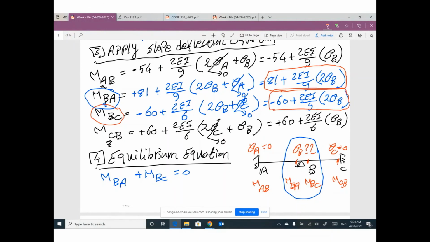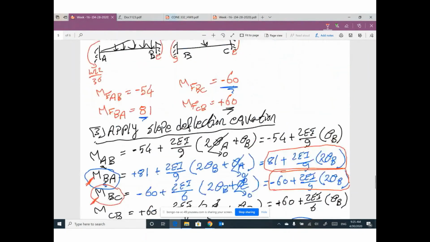Add them together, you can find that theta B is the only unknown, so I can figure out the value of theta B. Once you get the value of theta B, go back, put theta B, theta B, theta B, and theta B. You can get the final answer for MAB, MBA, MBC, and MCB. To check your answer, this value and this value must be the same, but with different sign. One of them will be positive and the other one will be negative.